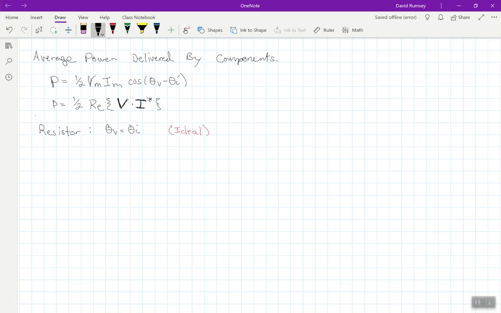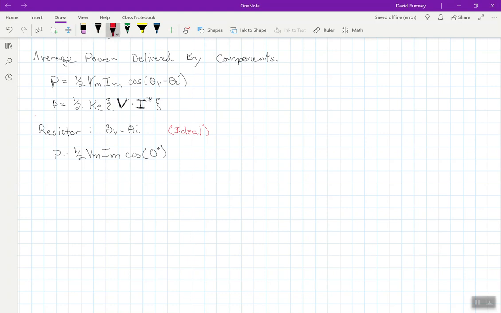And so if there is no phase shift here, then we can get simply that the power is going to be 1/2 Vm Im times the cosine of 0 degrees.